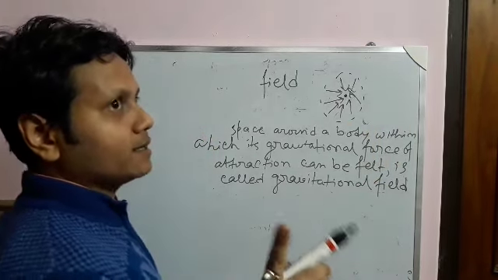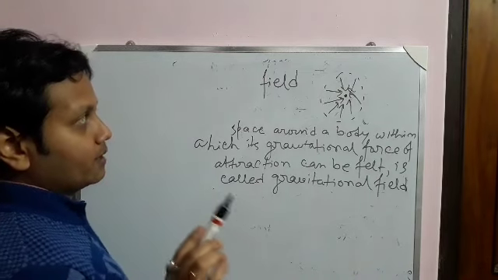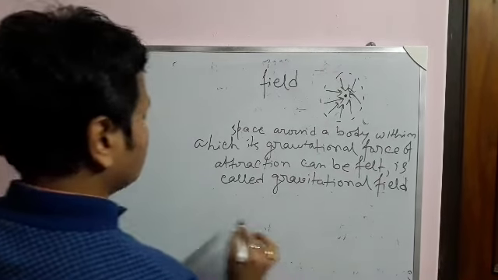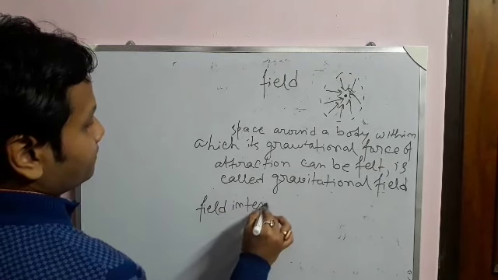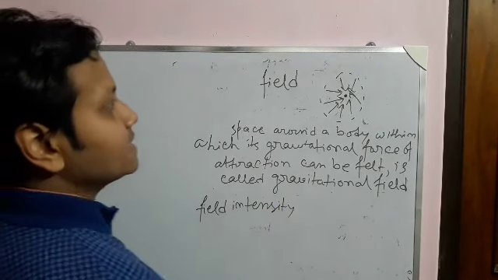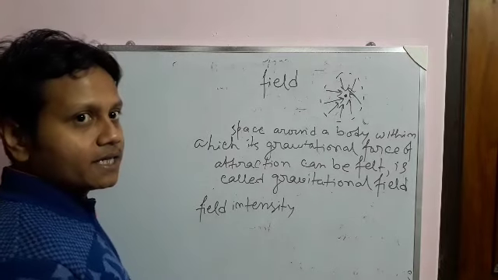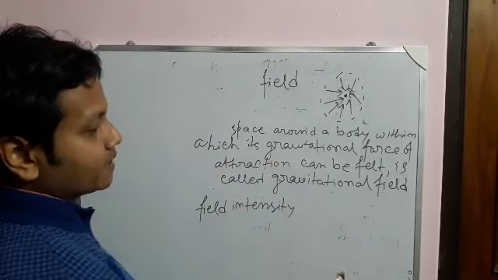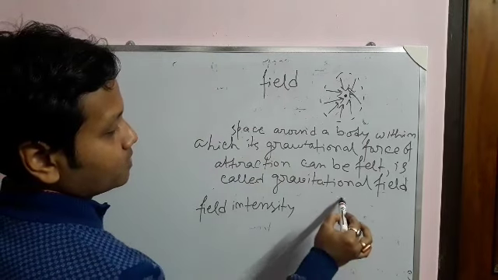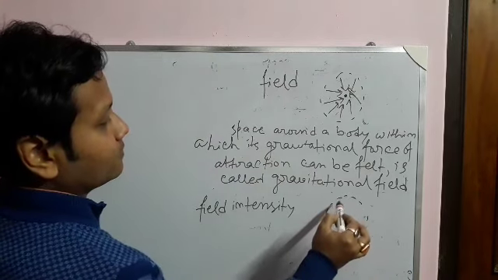And there is another term I should tell, gravitational field intensity. What is field intensity? Field intensity at a particular point is defined as the force experienced by a unit mass placed at that point. Suppose this is the object and this is the gravitational field region.